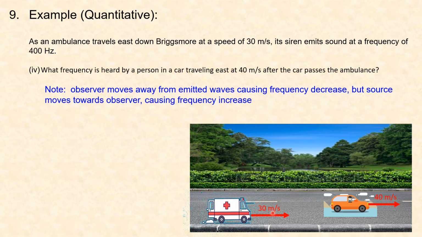So once again, we have these two somewhat canceling effects. When we look at our expression for this Doppler frequency, the speed of the observer is in the numerator, and the observer is moving away from the sound source. We should expect a frequency decrease, so we will choose the negative sign to make the numerator smaller.